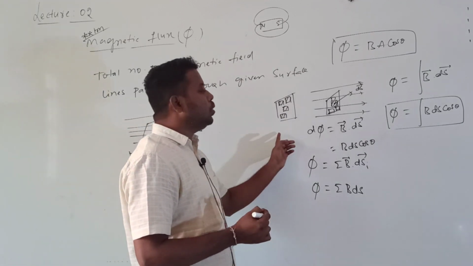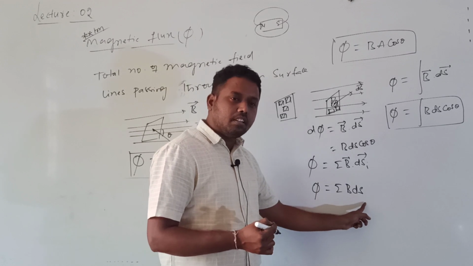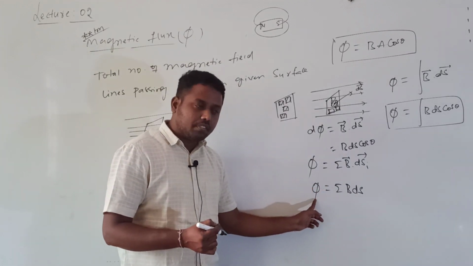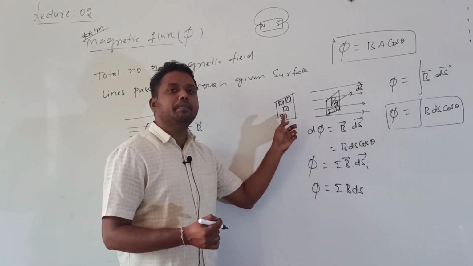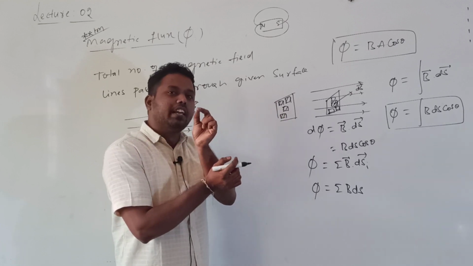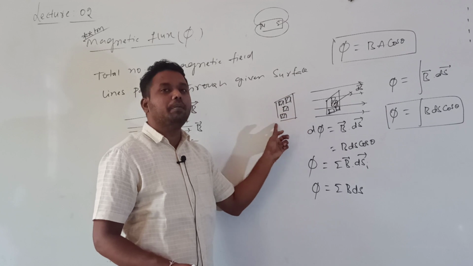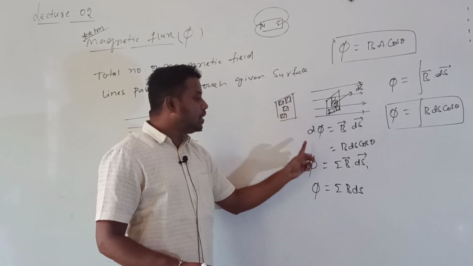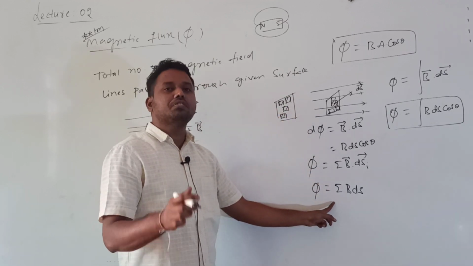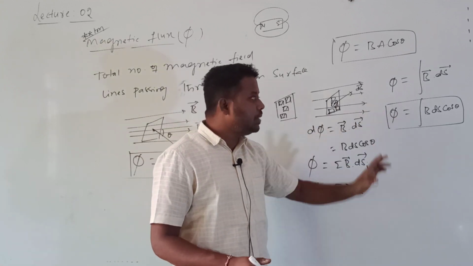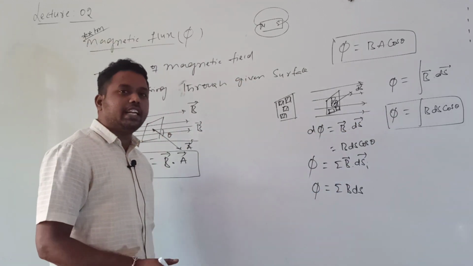Then by adding the flux of all the elements, we get the total magnetic flux. If the elements are infinitesimally small, the number of elements will become infinite. When the number of elements is finite, we use summation. When the number of elements is infinite, we use integration.